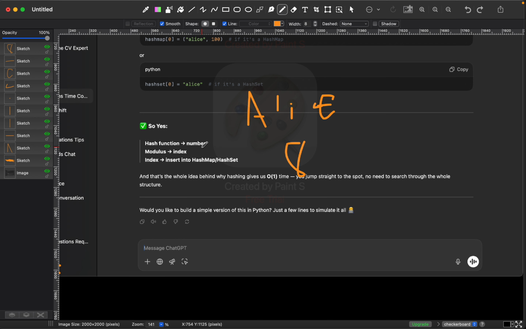I'm not really sure about what's the deal with the hash function, but this process is to get a number. So for Alice, it has a representation of a number. I don't know by what means it is able to have a number.